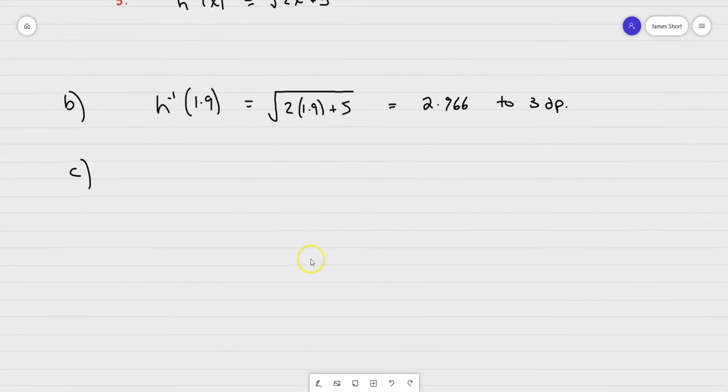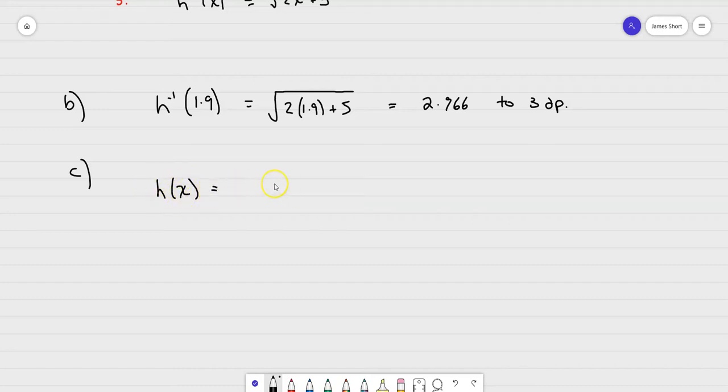I'll rewrite the formulas down here. h of x is equal to (x squared minus 5) over 2, and k of x is equal to 4x cubed.